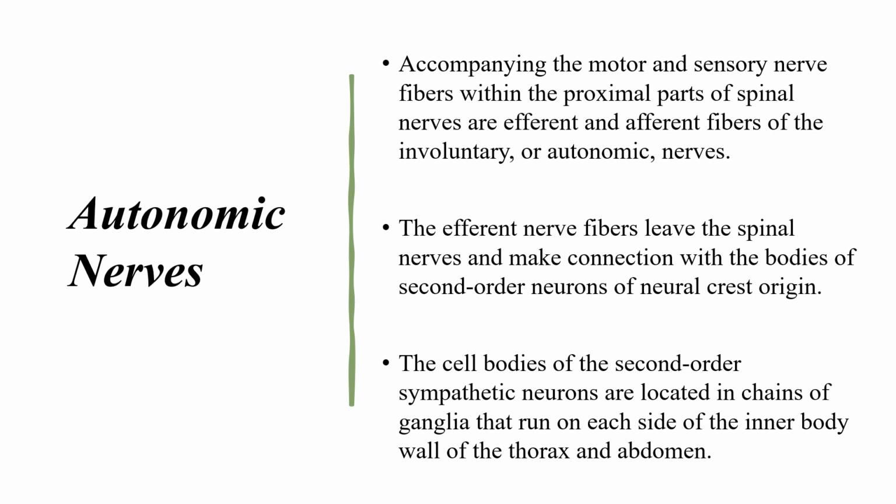And then the efferent nerve fibers leave the spinal nerves and make connection with the bodies of the second-order neurons of the neural crest origin, and the cell bodies of the second-order sympathetic neurons are located in chains of ganglia that run on each side of the inner body wall of the thorax and the abdomen. Okay?